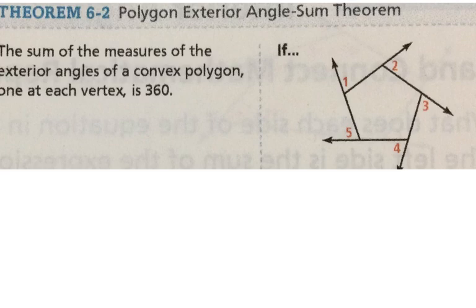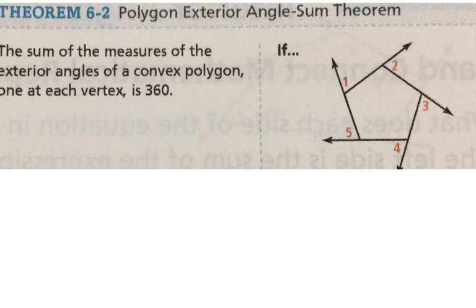So this angle is 90, this outside angle is 90, this outside angle is 90, and this outside angle is 90. For the pentagon, we know that the inside angles are 108. We see how this forms a linear pair?